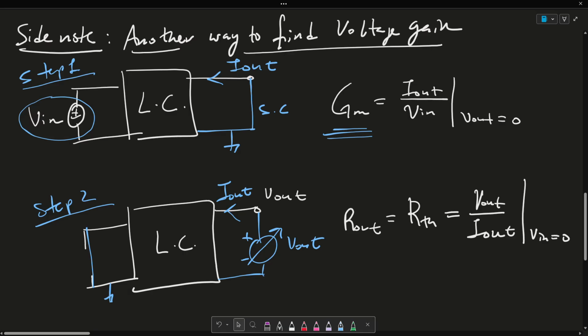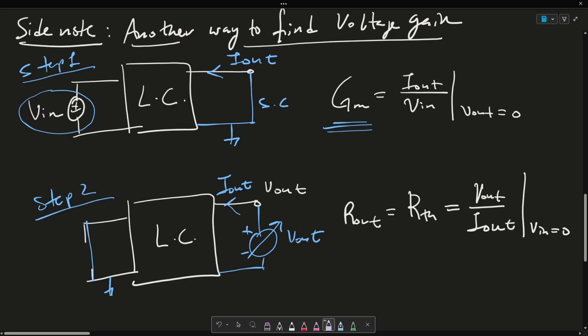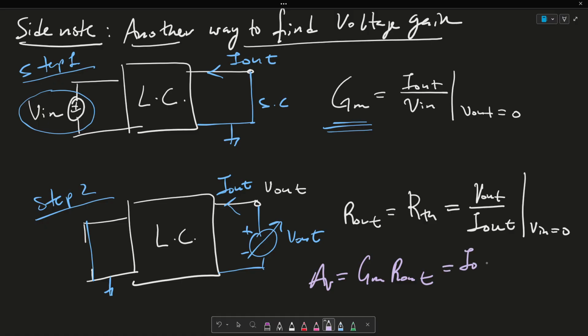All right. And the idea here is AV, which is equal to Gm Rout, is equal to I out over Vin times Vout over I out.